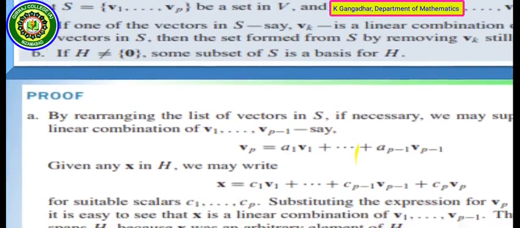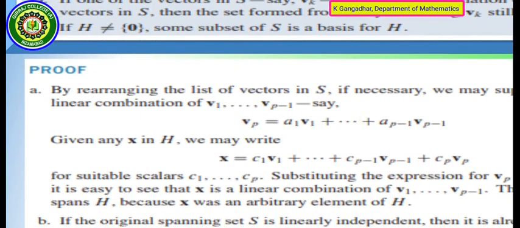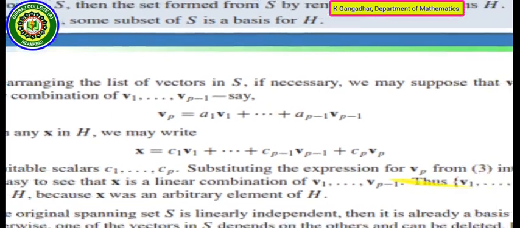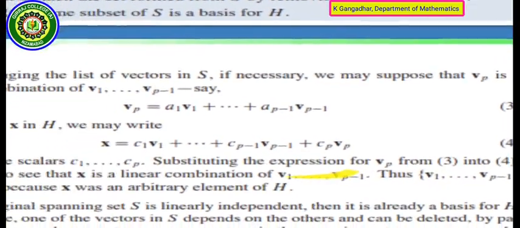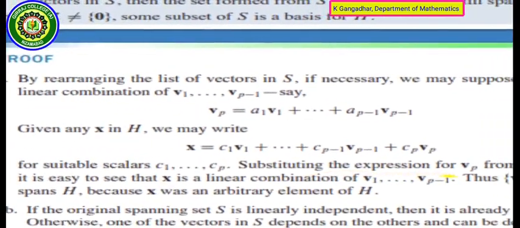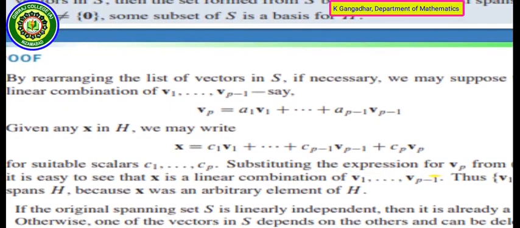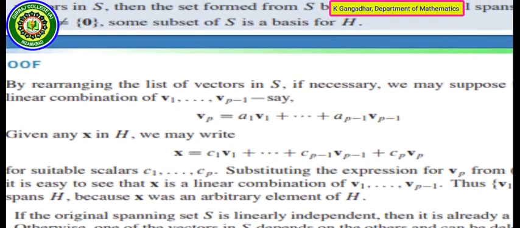In the proof, by rearranging the list of vectors in S, suppose Vp is a linear combination of V1, V2, ..., Vp minus 1. Then Vp equals a1 V1 plus ... plus a(p-1) V(p-1). Suppose x is an element of H, then x is a linear combination of the vectors V1, V2, ..., Vp.